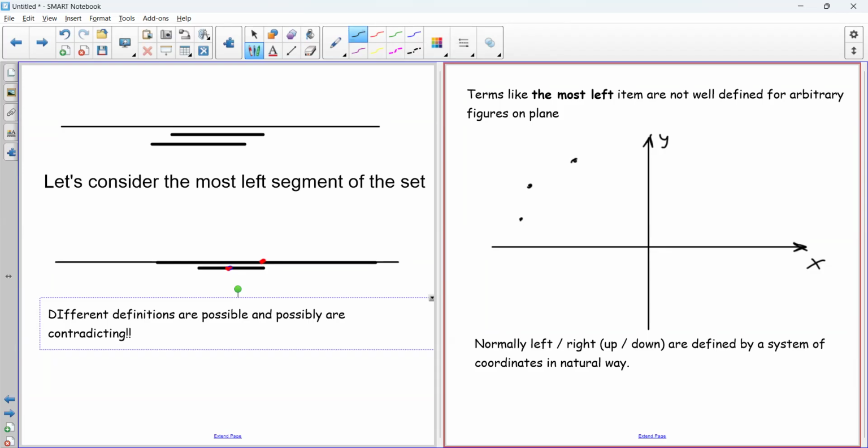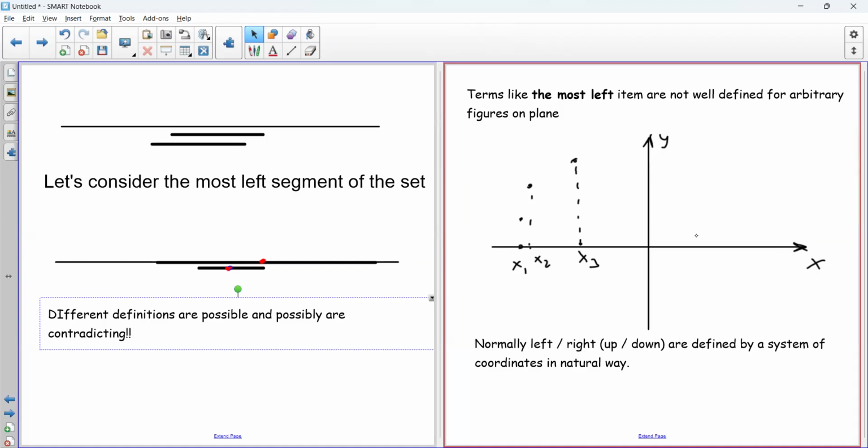So we have here x1, then x2, x3. And we say that the most left point would be the one with the least x coordinate. But the least x coordinate couldn't be defined solely with the x-axis. And that is sort of news for today.